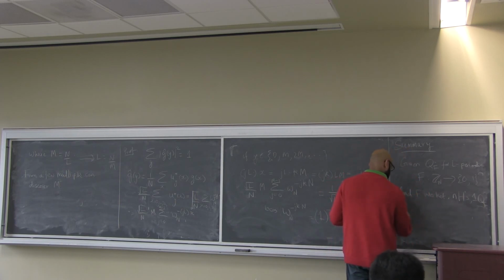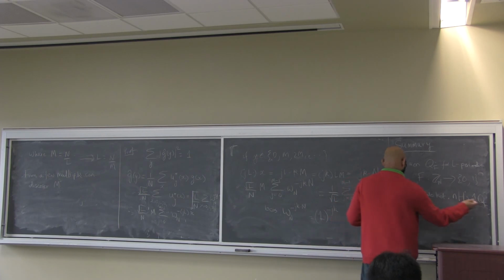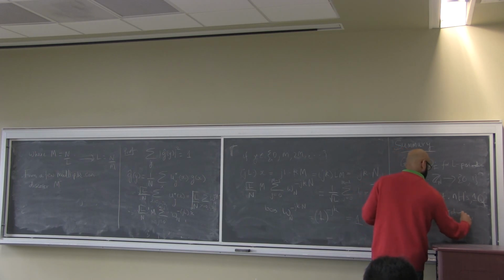And in fact, it turns out that this will require on the order of n cube gates. Then we apply the DFT, which is on the order of n squared gates. And then we measure.